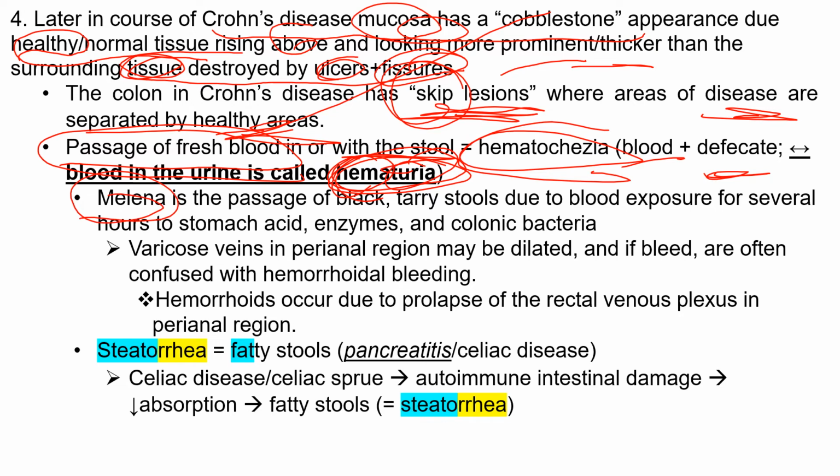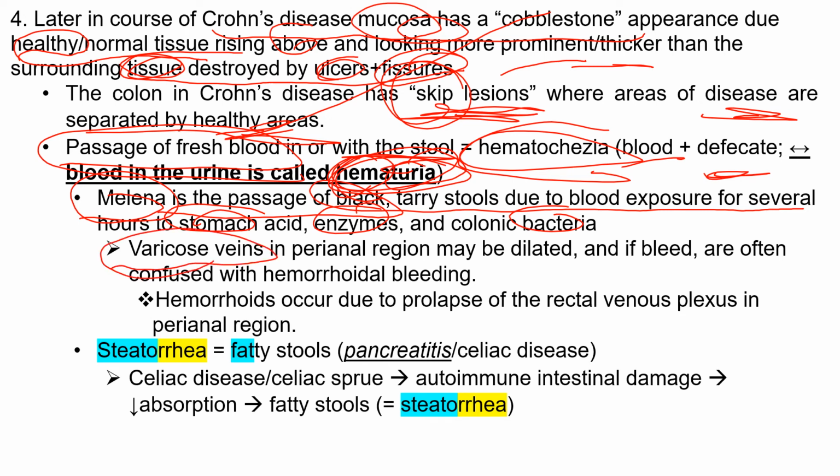Melena, I already went over it. Passage of black tarry stools, blood exposure to stomach acid, enzymes, and colonic bacteria is thought to make that stool black. Do not forget cola-colored urine in post-streptococcal glomerulonephritis. That's your quote-unquote melena of the urinary tract.